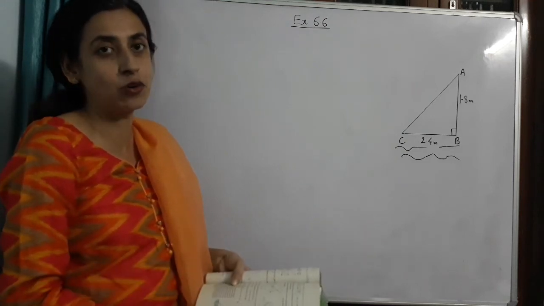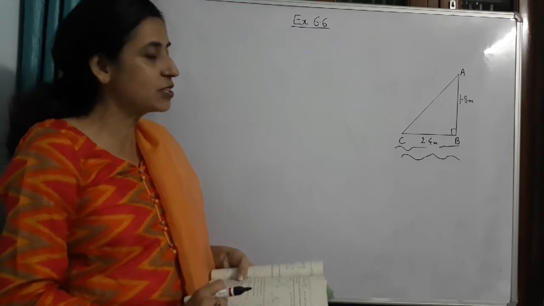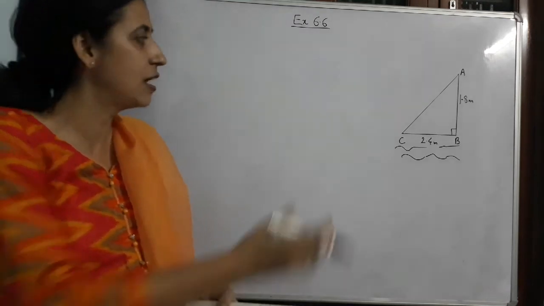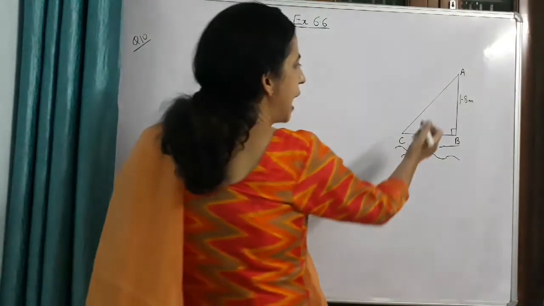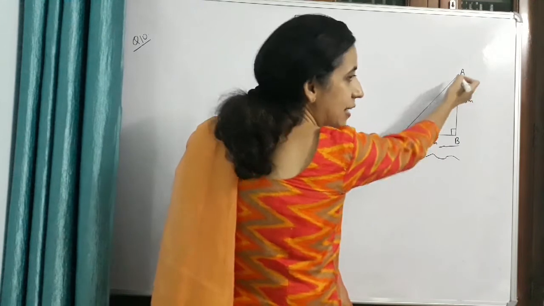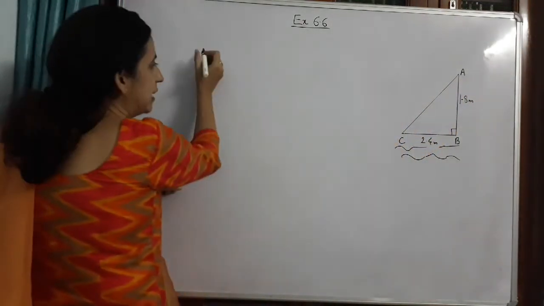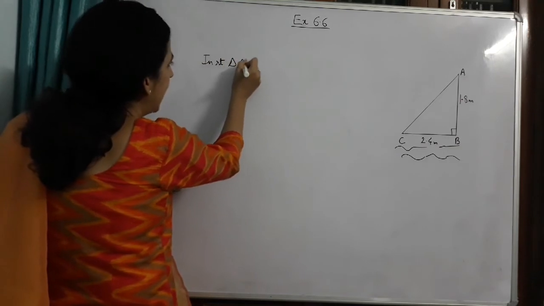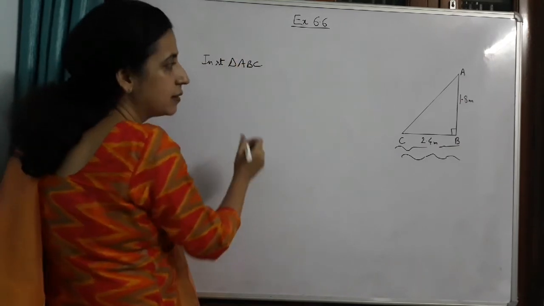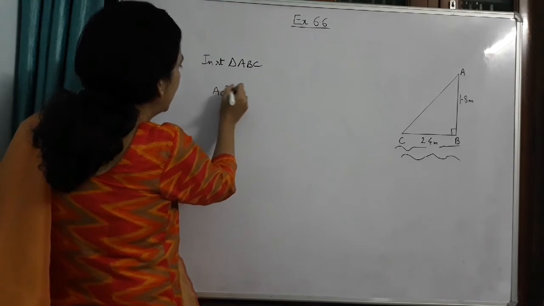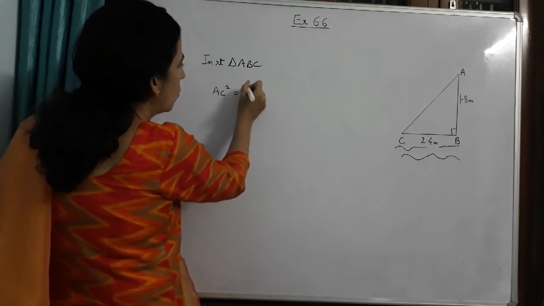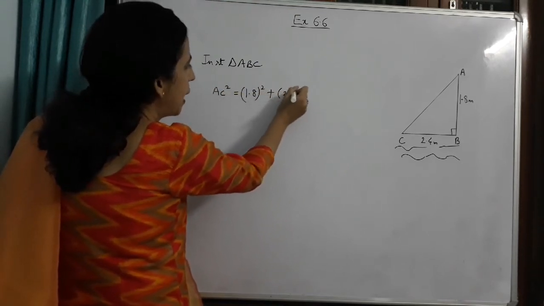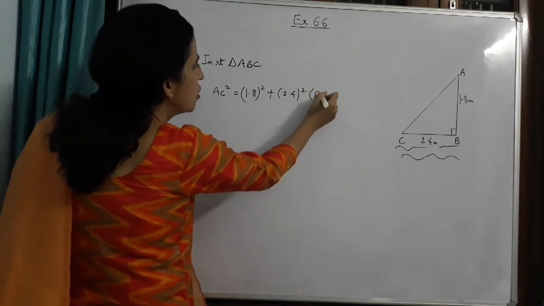This is one part of the question. There are two parts of this question. First let us solve this question. So this is the figure that we obtain. Over here we have to find out the length of the string that she has. So this is a right angle triangle. So in right triangle ABC we apply Pythagoras theorem. So we obtain AC square is equal to 1.8 square plus 2.4 square.